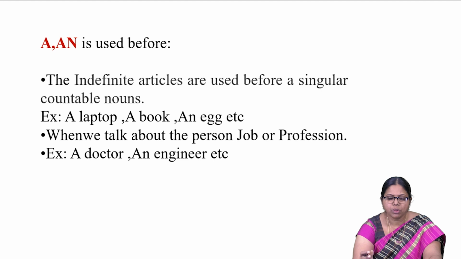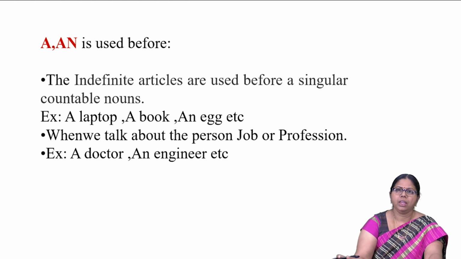We also use the articles a and an when we talk about a person's profession or job, like a doctor, an engineer. So Mahesh works as an engineer. Suresh works as a doctor in a reputed hospital.